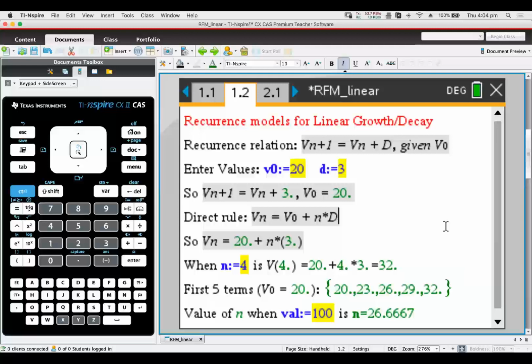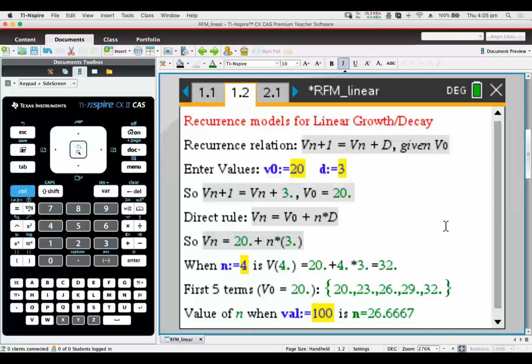And in this case, we'll be using it quite a bit today to have a look at linear growth and decay based on recurrence models. So if you've started the module already, you'll be up to speed with this. But if you're not, the first thing to think about is, is there a way to describe the relationship that we just looked at, starting at 20, jumping by 3?